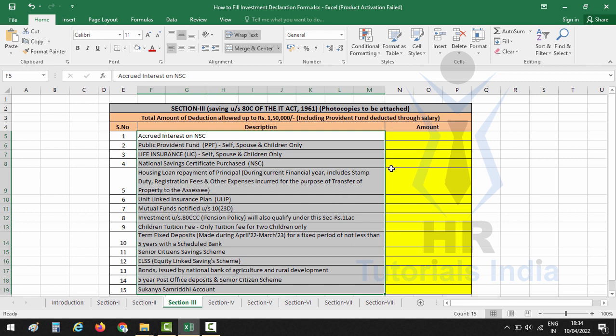So now let us see what are the exemptions for saving the tax under section 80C.